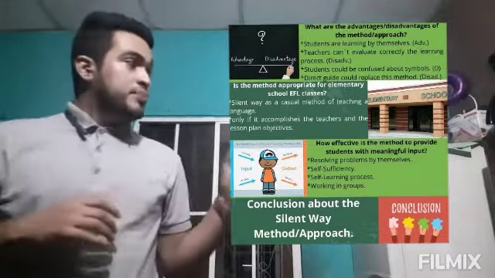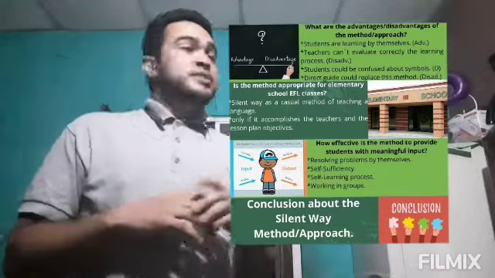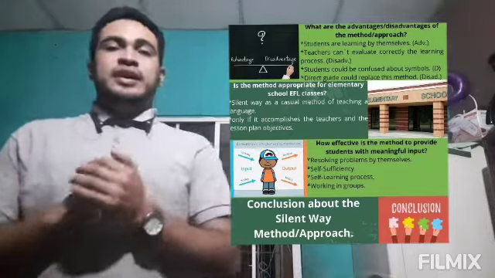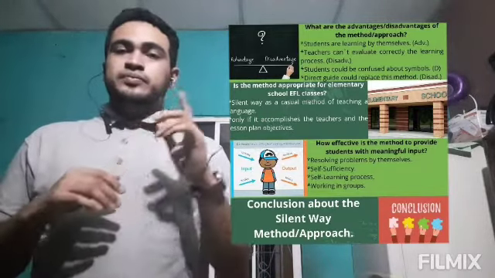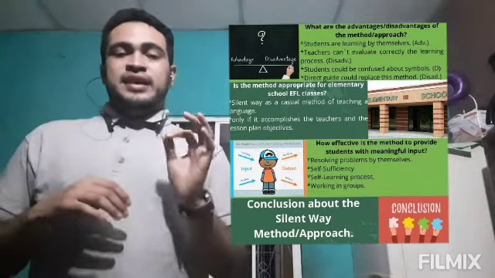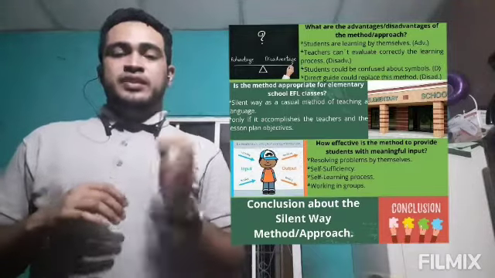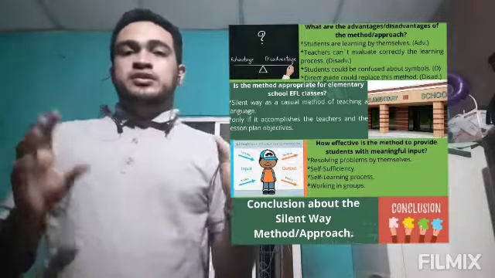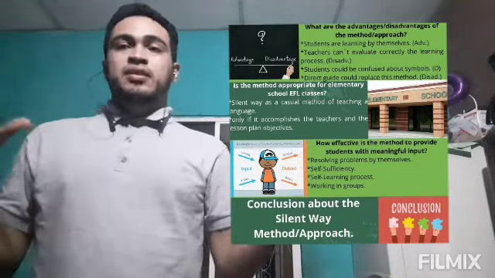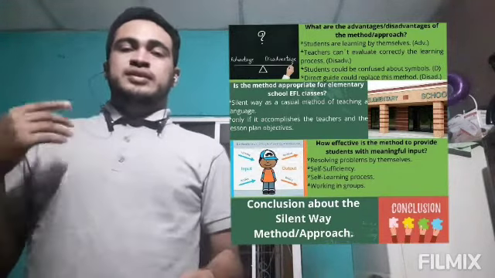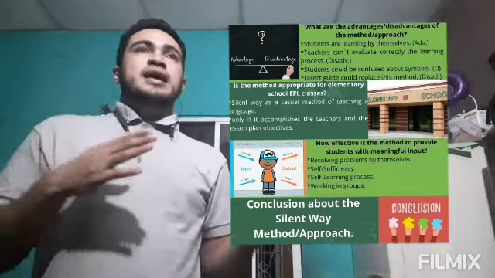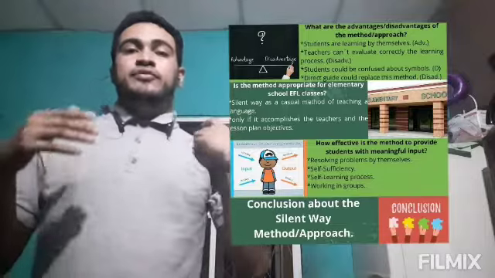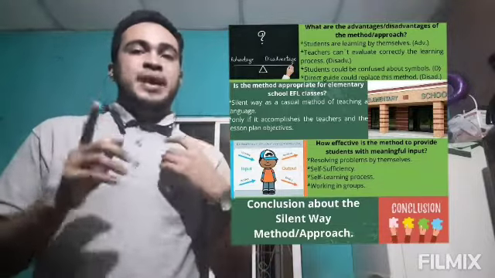So, is the method appropriate for elementary school and EFL classes? Okay, that is a good question, because yes, only if the silent way is a casual method of teaching a language. That means that, as I said before, sometimes different methods accomplish the lesson plan. So the silent way can be an additional or casual method of teaching a language, not the main.